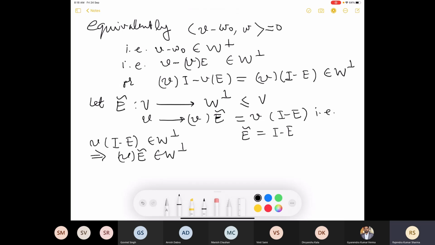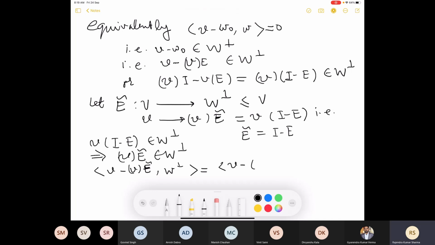Now you can see this V minus VE tilde. Any vector you take, for instance, in W orthogonal, this can be seen as follows.